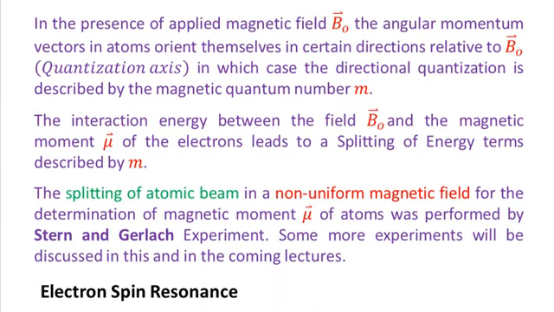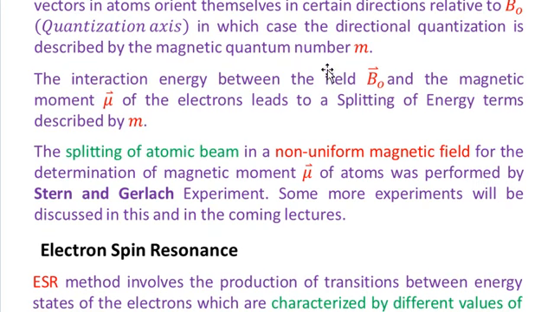The interaction energy between B naught and the magnetic moment mu of the electron leads to a splitting of energy terms described by the magnetic quantum number M. So you see that in any case, whether pure spin magnetism, pure orbital magnetism, or the mixed case in which both are present, if you apply the magnetic field B naught, then what will happen?